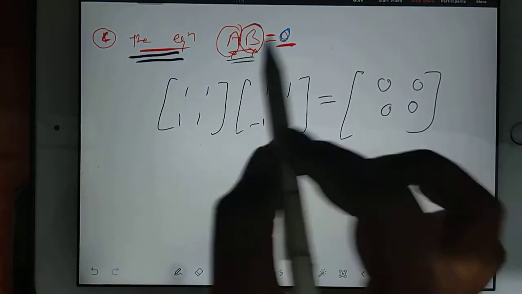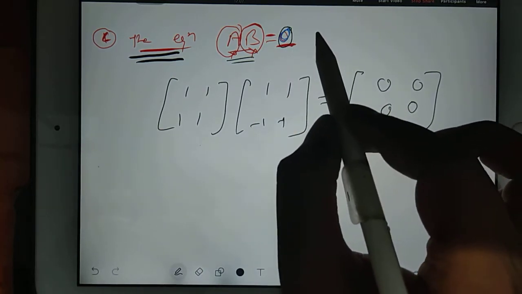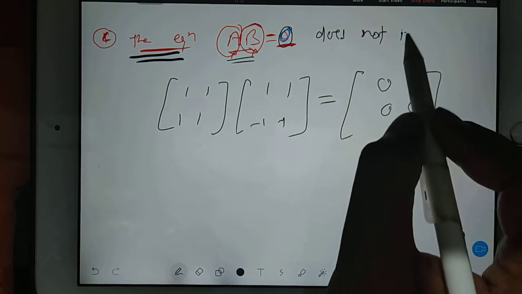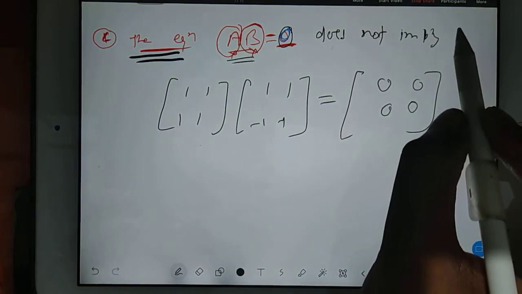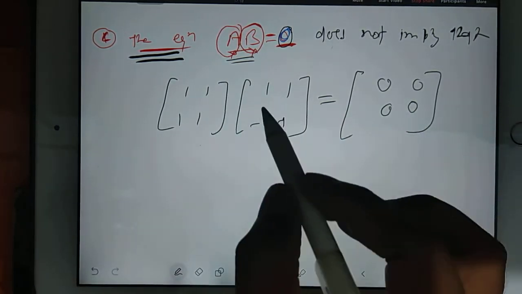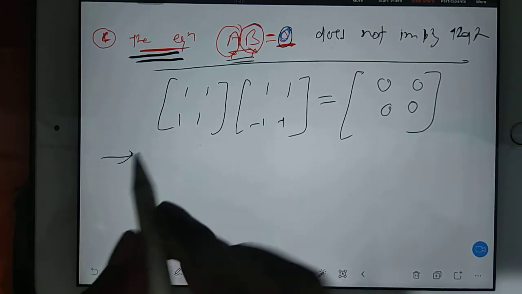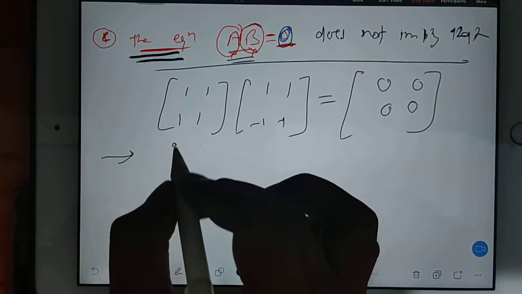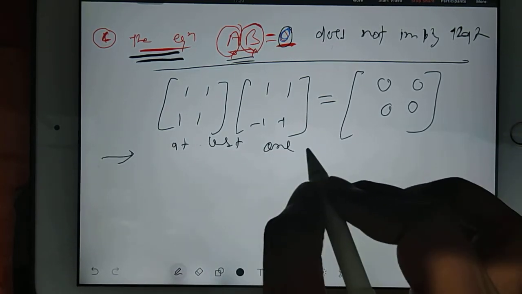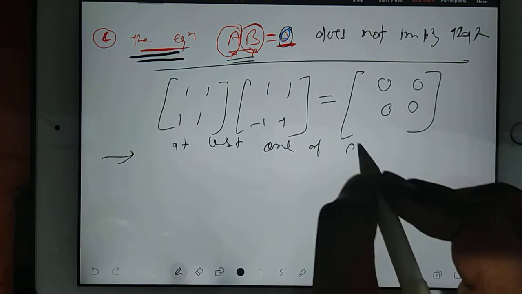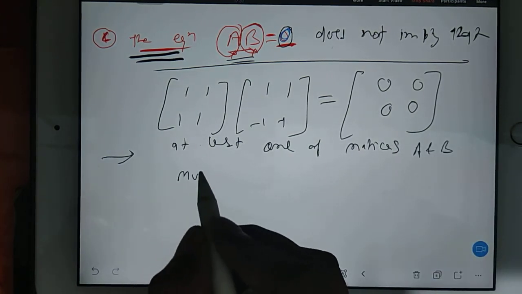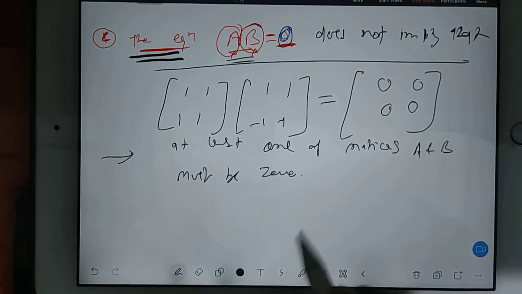The equation AB is equal to O does not imply that at least one of the matrices A and B must be 0.